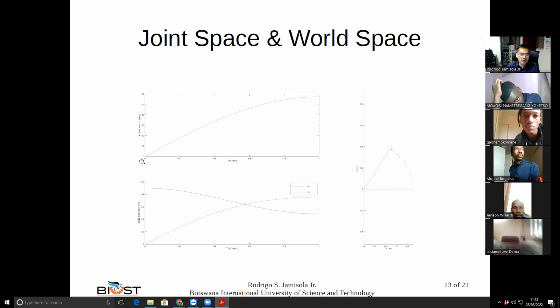And so this elbow moves given the time. This is your horizontal axis, time, and this is the angle, and it goes up to around 60 degrees. So the angle will go from 0 up to around 60 degrees given time. And so you can see that the angles are not really linear.